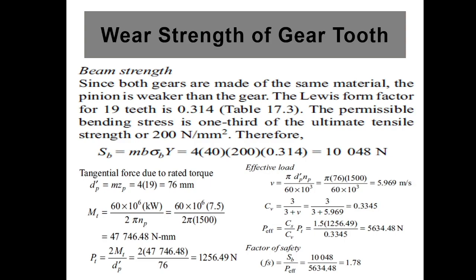We already calculated SB as 10,048 Newton and P effective as 5,634.48 Newton. So the factor of safety comes to 1.78.